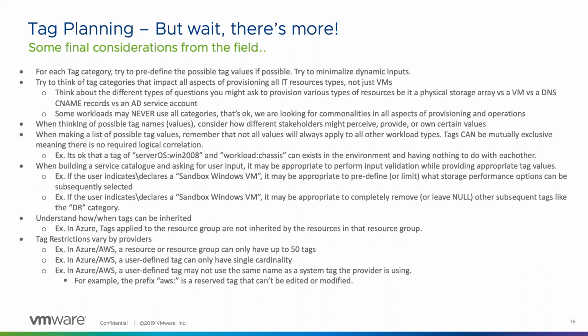Also, it's important to understand that when you're creating a tag category, like environment, you will need to predefine what the possible values are. Like we had talked about, like prod, test, dev. That's an example of where we are predefining the tag names that are in that tag category.